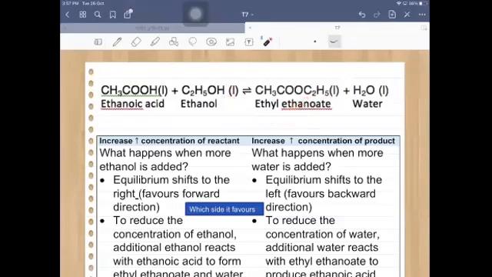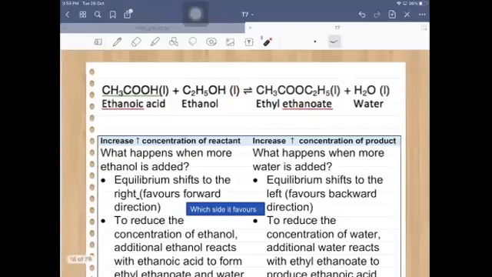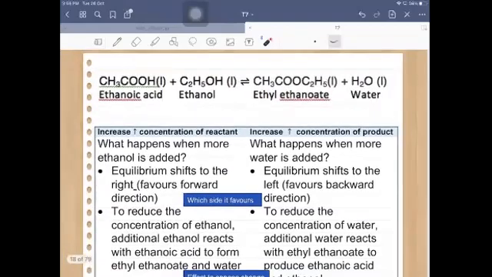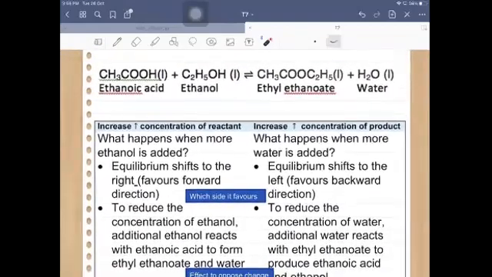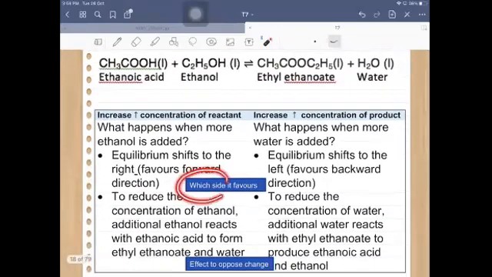We are breaking up the esters into their starting materials, acid and alcohol. So what happens if we change the concentration? Whenever you want to talk about the effect, you must include two points. The first one: which side does it favor? Where is the position of the equilibrium shifted to? And the second point is, what is the effect to oppose the change?